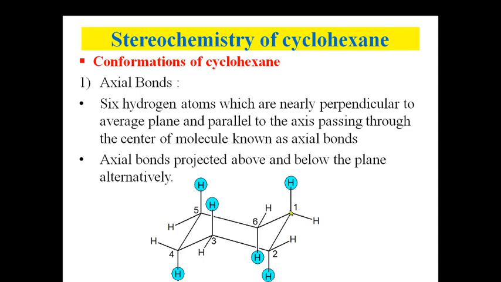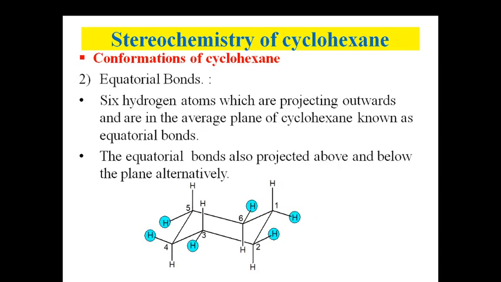If you see their orientation, above, below, then again above, below, above, below. So axial bonds are projected above and below the plane alternately. That's the important thing.